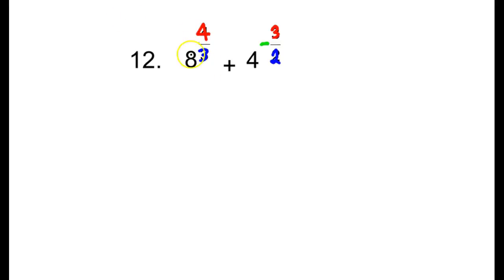So the first one is to take the 1/3 power. So we're going to have 8, I'll put that 4. We'll take this to the 1/3 power first, and we'll take the 4 to the 1/2 power.